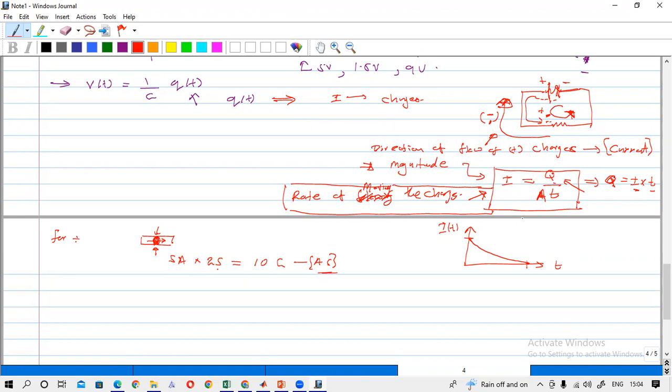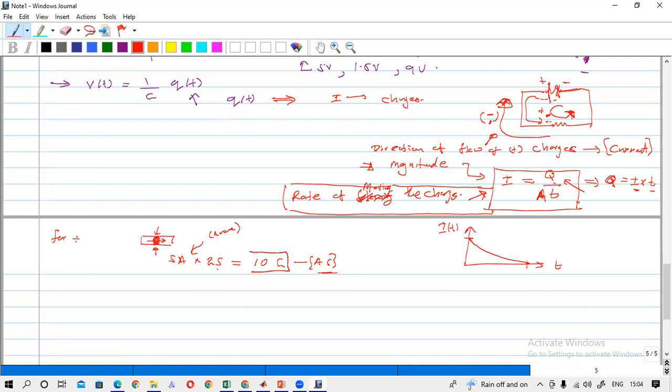No, I think that is the correct one. But we do not need that definition. If this is given in some area, then through that area this 10 coulombs of charge is flowing.